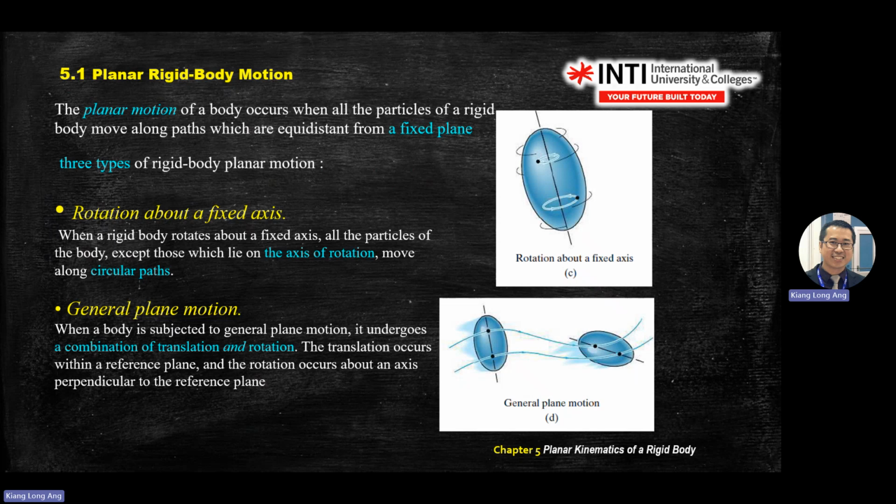The orientation of the object rotates and changes plane. It can be linear or curvilinear, but the whole object changes orientation during the motion. So the 3 motions are translation, rotation, and general plane motion.